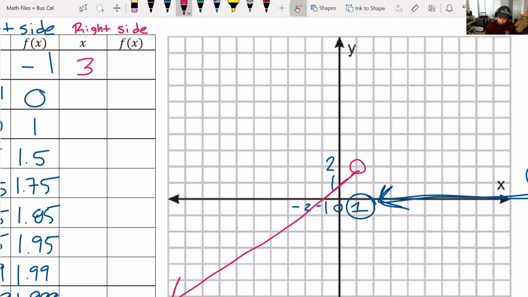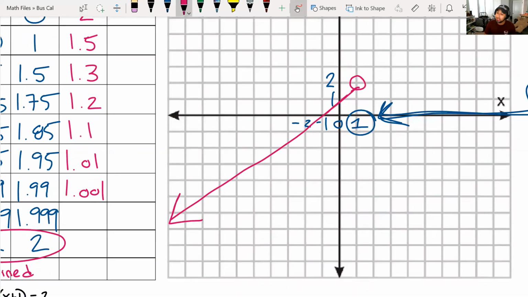Then 2. And then 1.5, 1.3, 1.2, 1.1, and now 1.01 and 1.001. And then finally, let's make this match up, I'll say 1.0001, and then finally ending on the number that we can't use, which is 1.